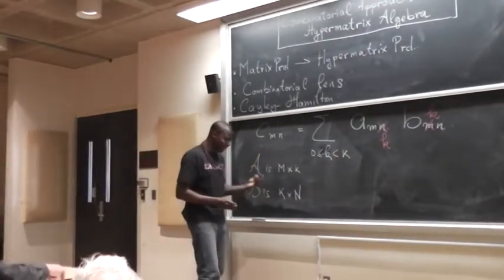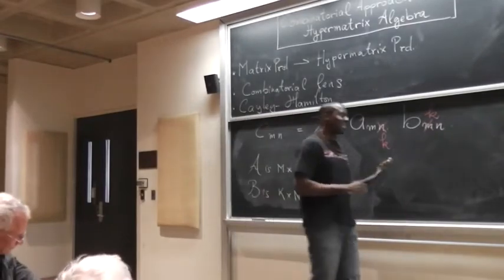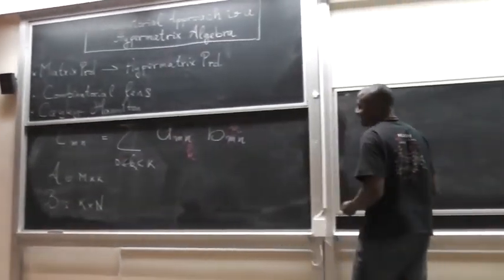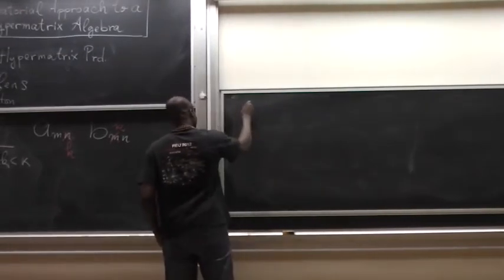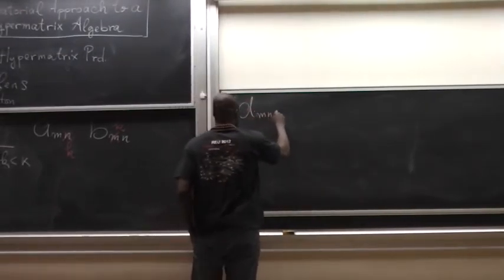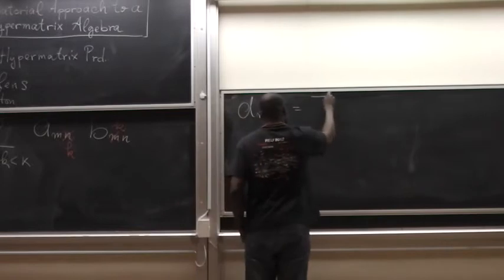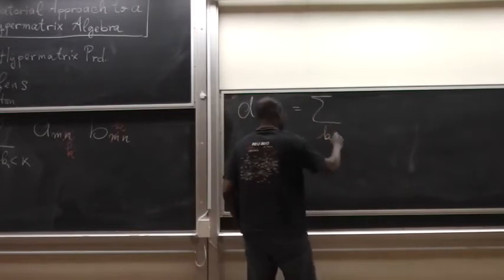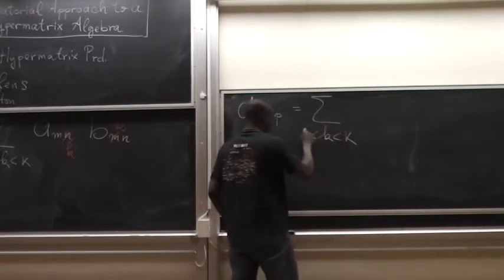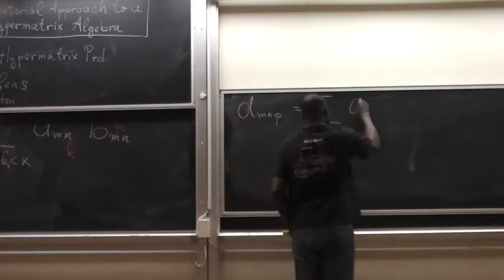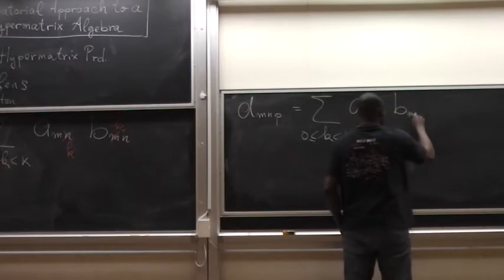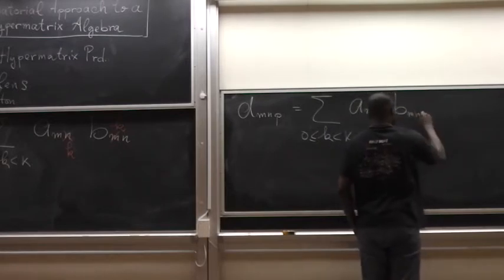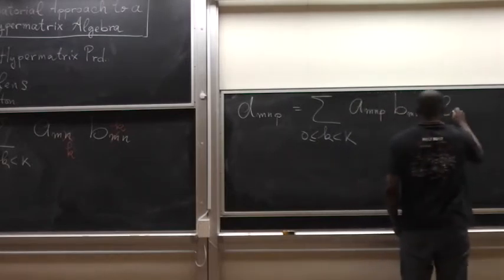Now the point is, let's use this mnemonic device to suggest how we would naturally generalize matrix multiplication. So instead, I'm going to write this. D_mnp is going to be sum over k, less than capital K, k equal to 0. And I'm going to make the same mistake again: a_mnp, b_mnp, c_mnp.